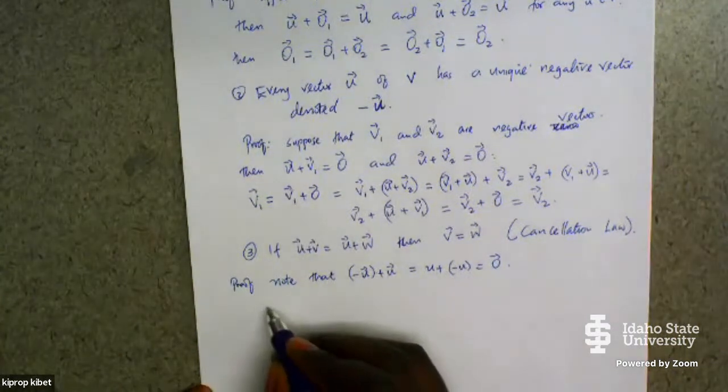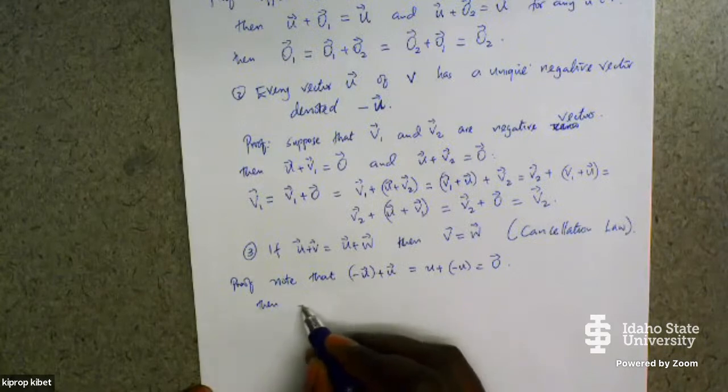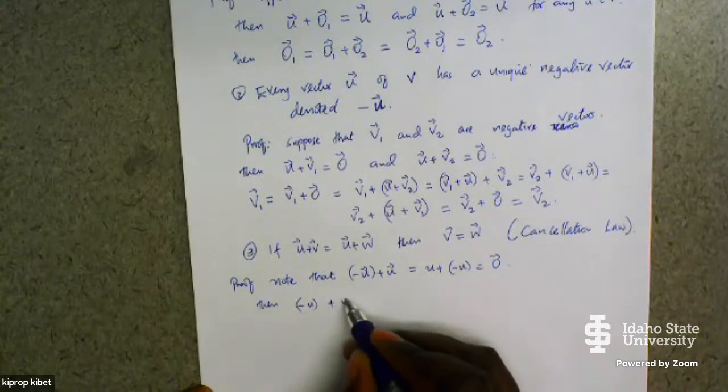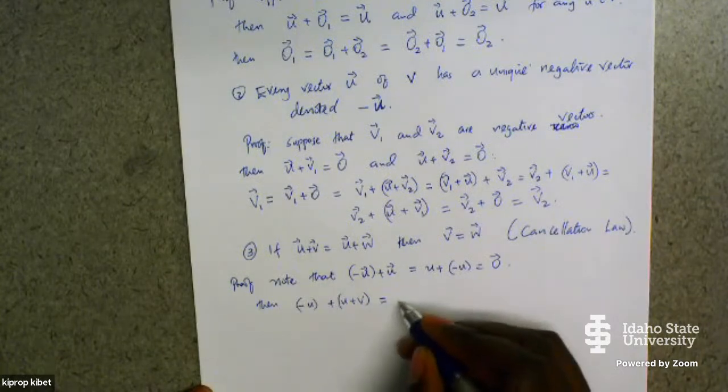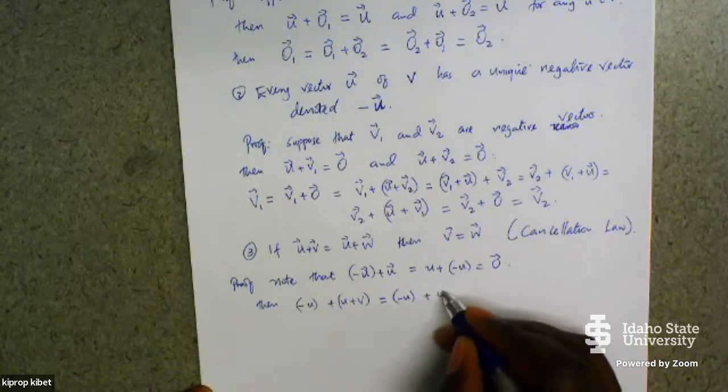Then minus u plus v is the same as minus u plus w.